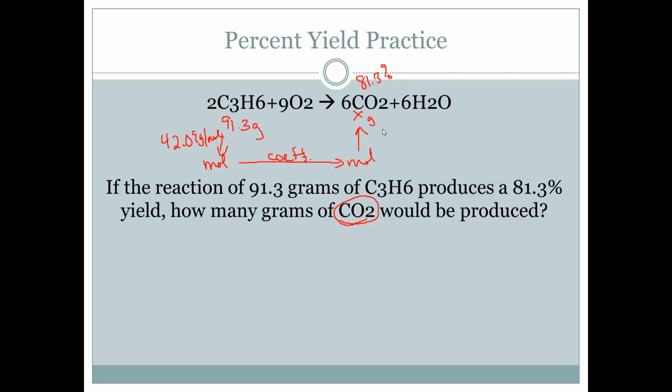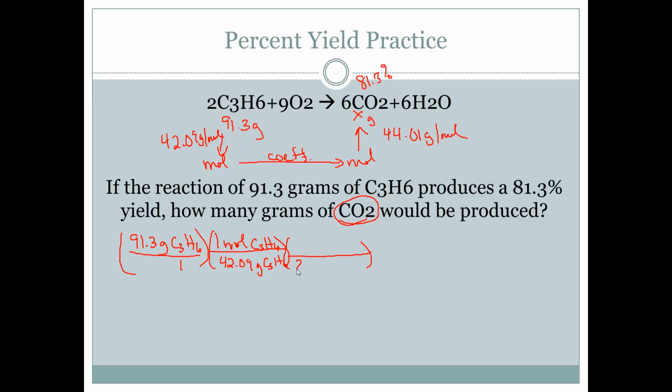Alright, so let's put our starting number over 1. 91.3 grams C3H6, 42.09 grams of C3H6, 1 mole C3H6, 2 moles for the coefficient C3H6 for every 6 moles of CO2 that are produced.